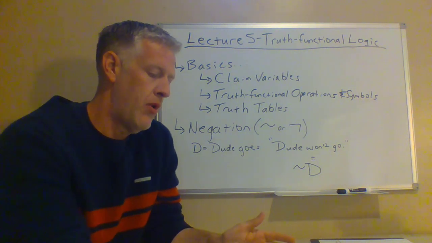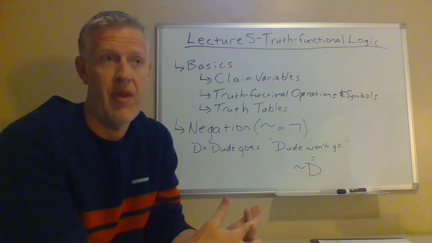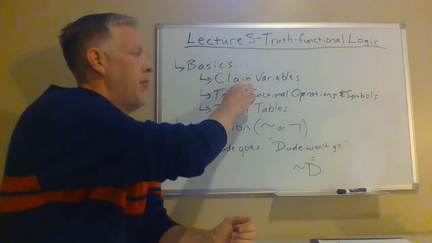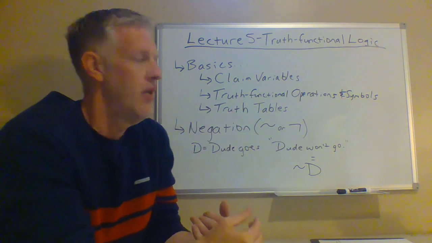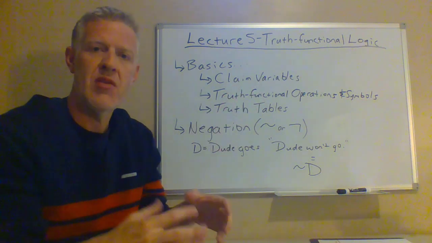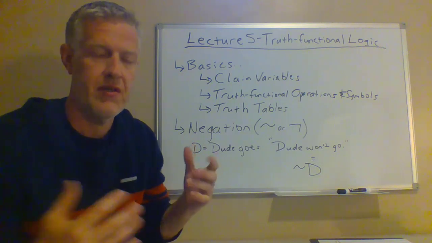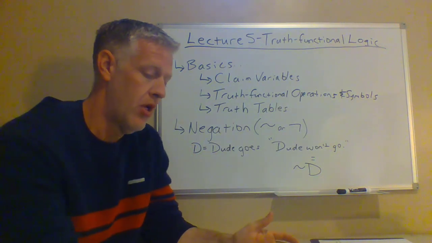But again, with practice, you can become pretty comfortable with them. At least we won't be messing with any more than, say, 3 claim variables on the homework and the quiz. So really, it's pretty manageable once you get used to how it all works. Much, again, like the Venn diagrams that we talked about in the last lecture.